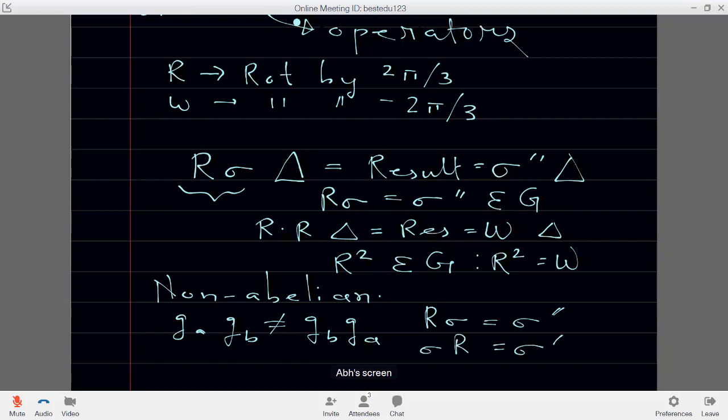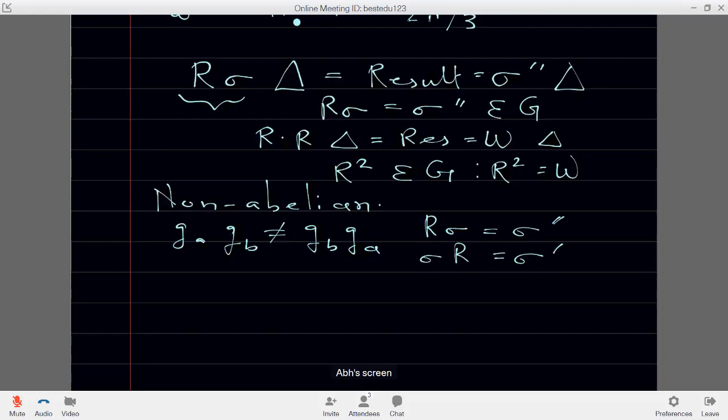So there are two elements here, R and sigma, that do not commute. Hence, our group is a discrete group because it has a finite number of elements. It has 6 elements. That's why it is a discrete group, and it's non-abelian because we found a particular case where the commutation relation is not satisfied.